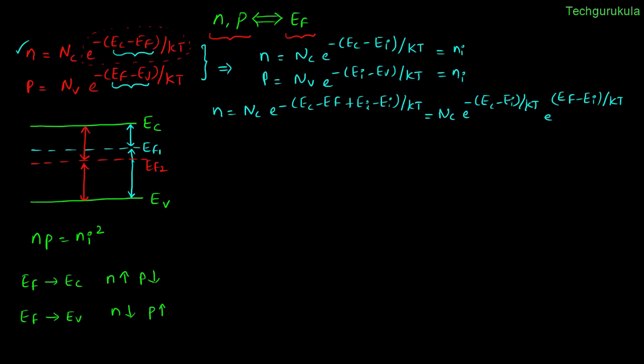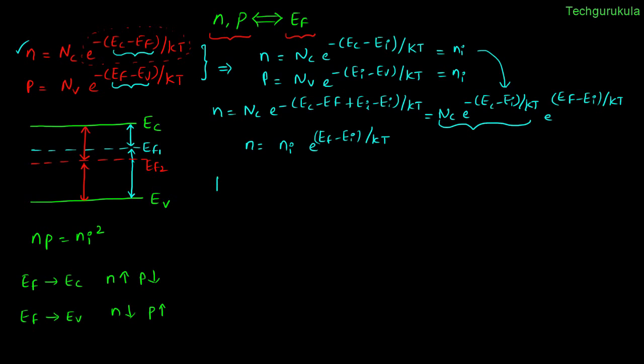So we can rewrite this expression as n is equal to ni times e power (Ef minus Ei) over kT, where we have taken this Nc times this exponential as ni. We can get this from this equation.